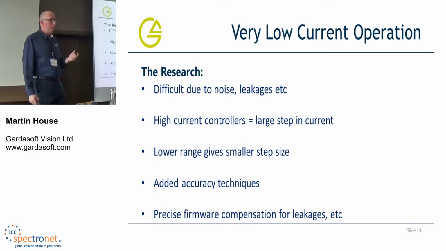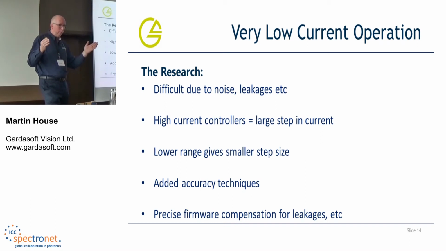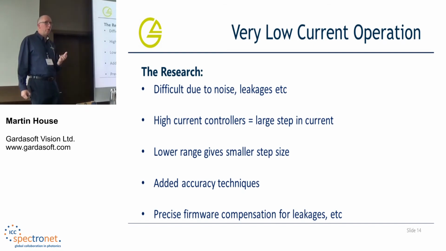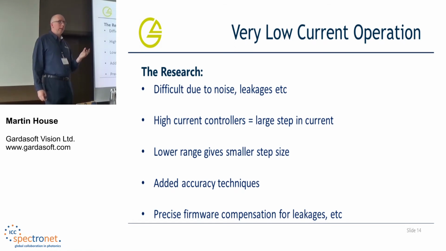What we found when we were doing our research was that, and it all seems very obvious, if you've got a full-scale current range, and you're actually only wanting to look for 1% in difference, it's more than likely that you'll just lose that in the noise. So you really do need to use a controller that has a very low range. So typically, you want to be using a resolution of probably at least 3 times of what your accuracy is.